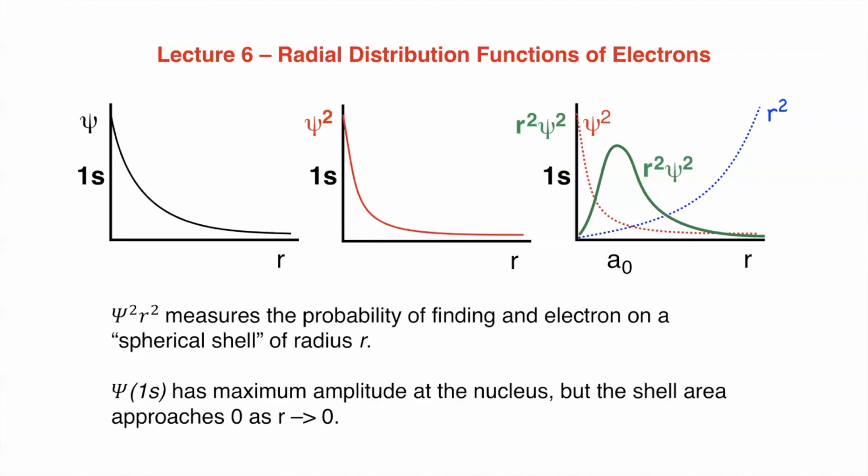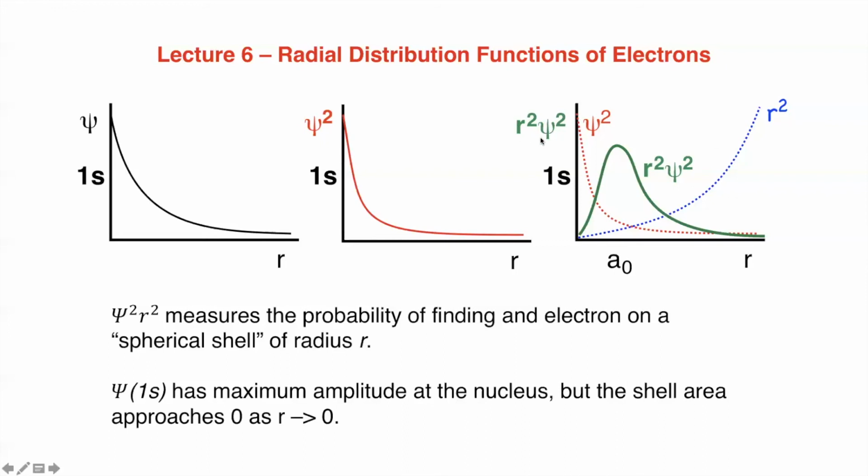A good way to talk about this is that this y value is the probability of finding an electron in a shell surrounding the nucleus, for example, or the hole in an exciton.